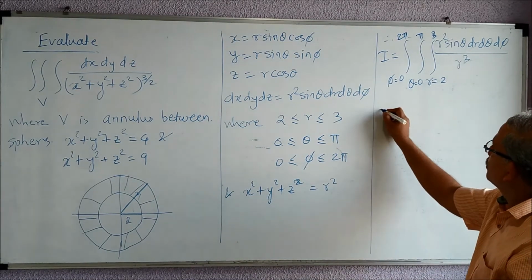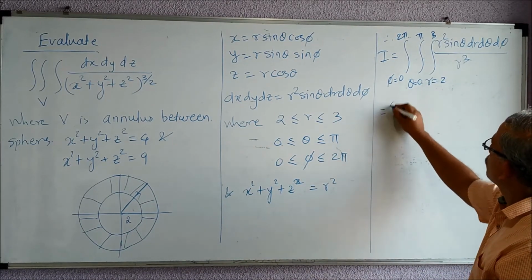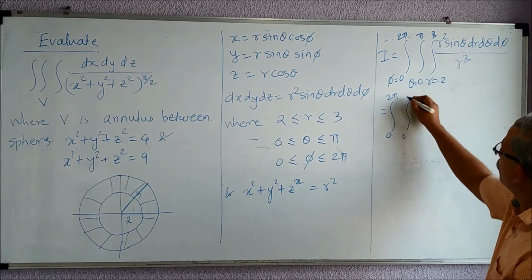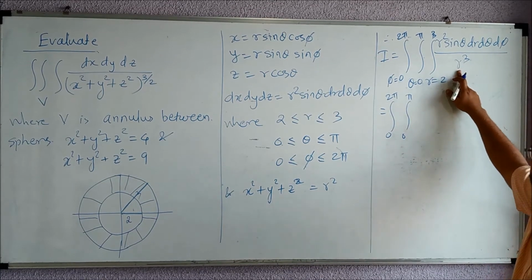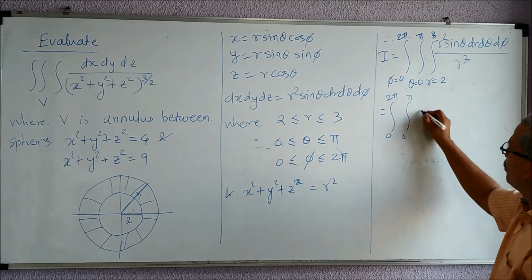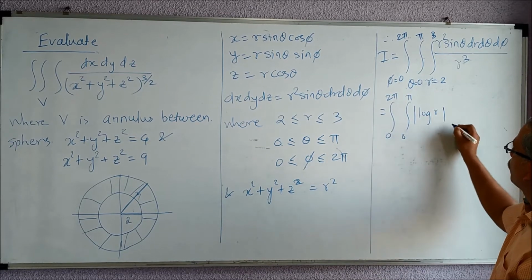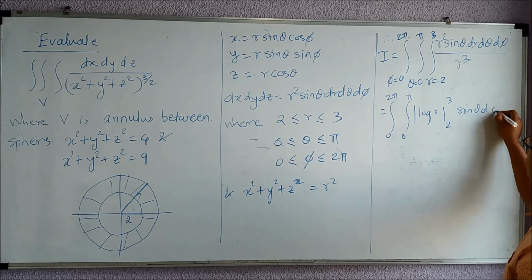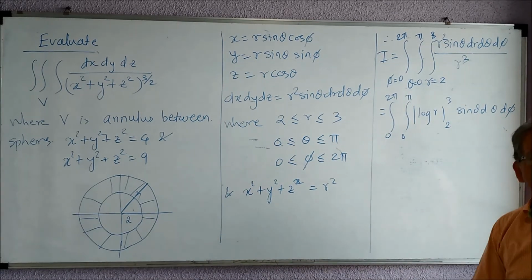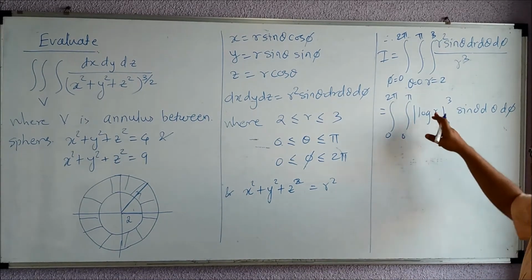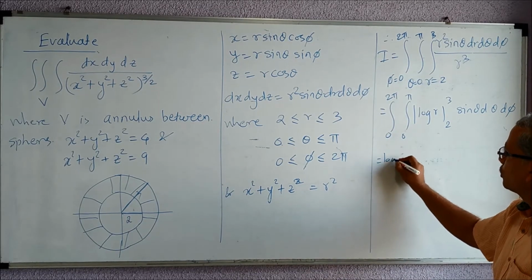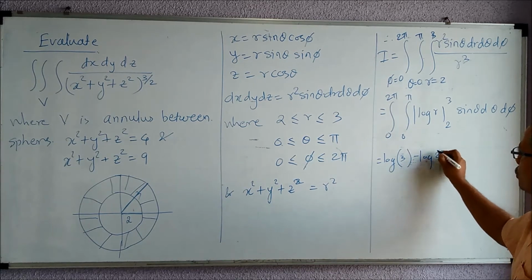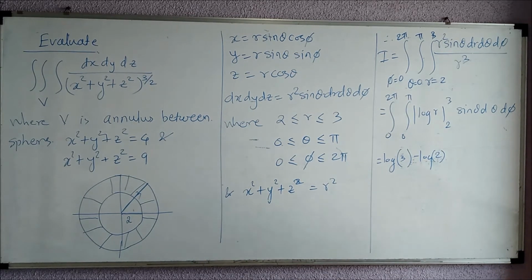Now 0 to 2 pi I keep as it is. This will be 1 by r, 0 to pi. So 1 by r with respect to dr will be log r from 2 to 3, sin theta d theta d phi, right? So this is log 3 minus log 2, which I can take outside, since it's a constant quantity, or you can write log 3 by 2.